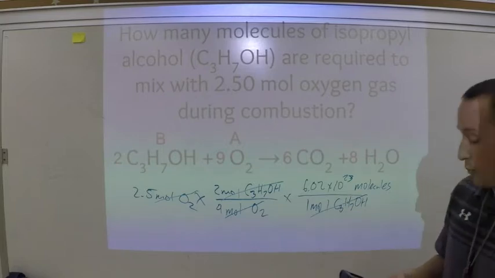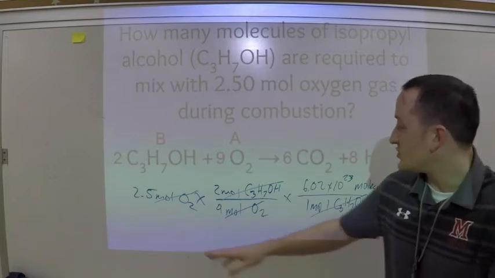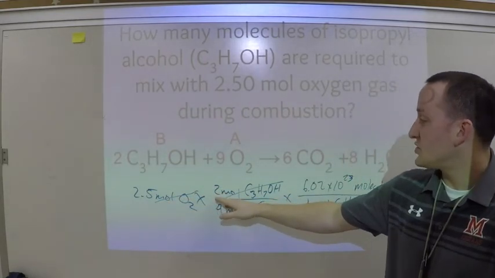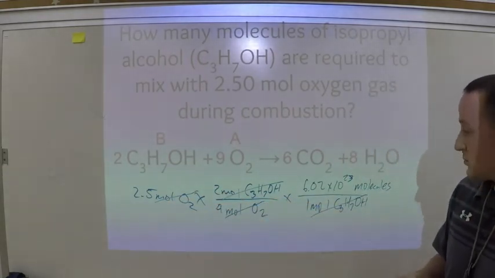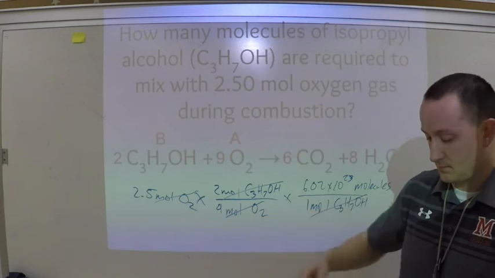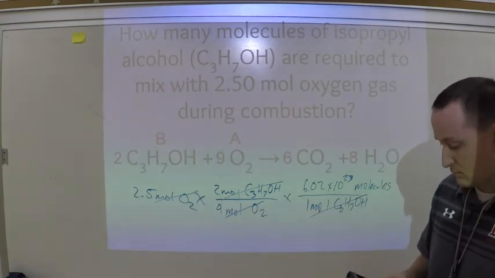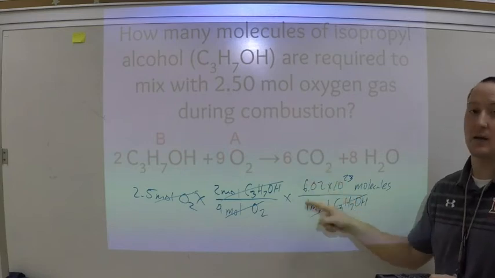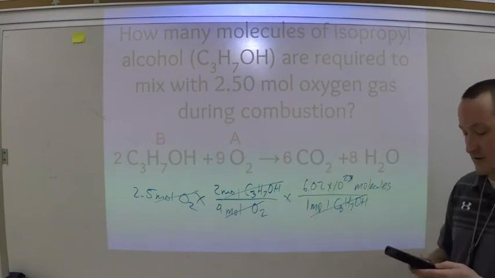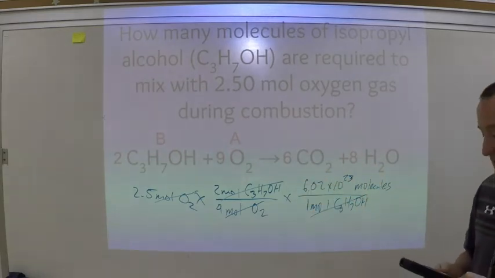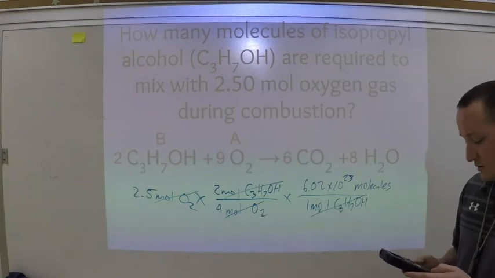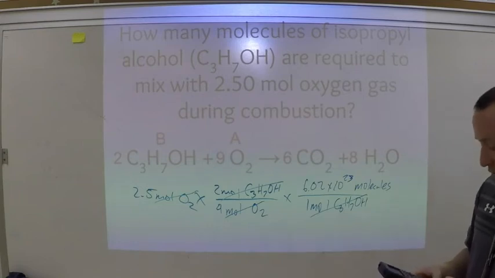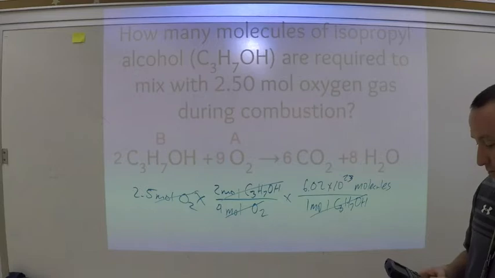I'm going to do 2.5, my starting number, times 2, divided by 9. Then I'm going to put times, and again, make sure you use parentheses around this. Anytime you use a number in scientific notation, use parentheses. Times 6.02 times 10 to the 23rd.